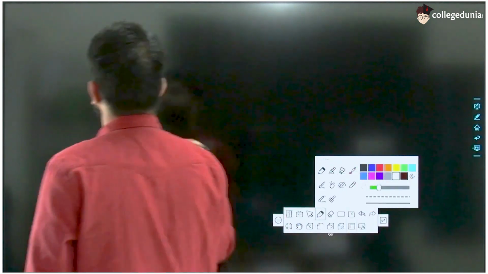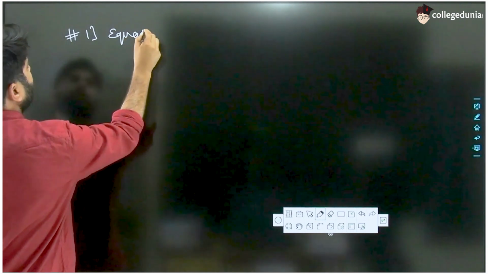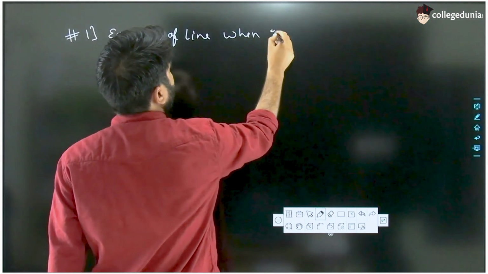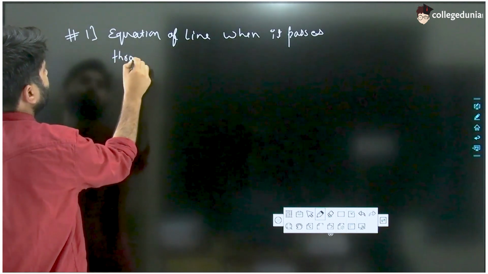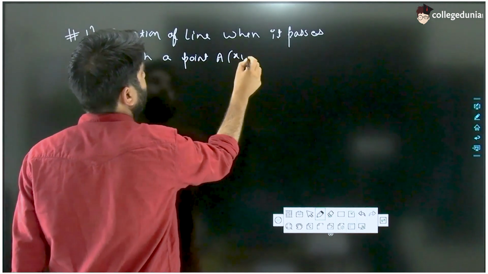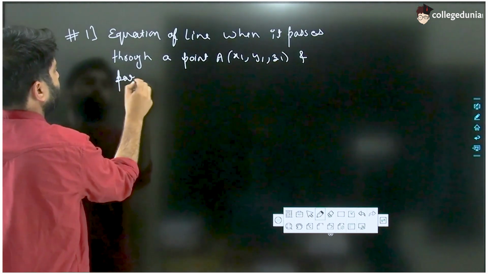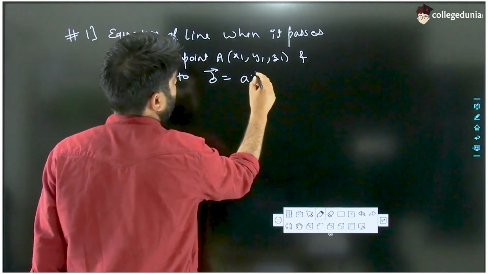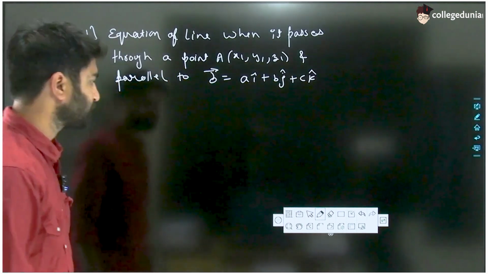Concept 1: equation of line when it passes through a point A, x1, y1, z1 and parallel to vector b, ai plus bj plus ck, right?